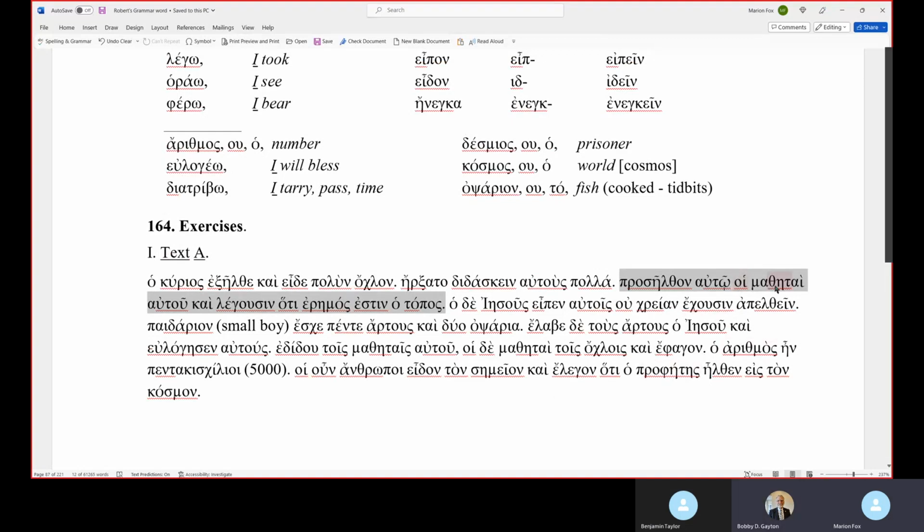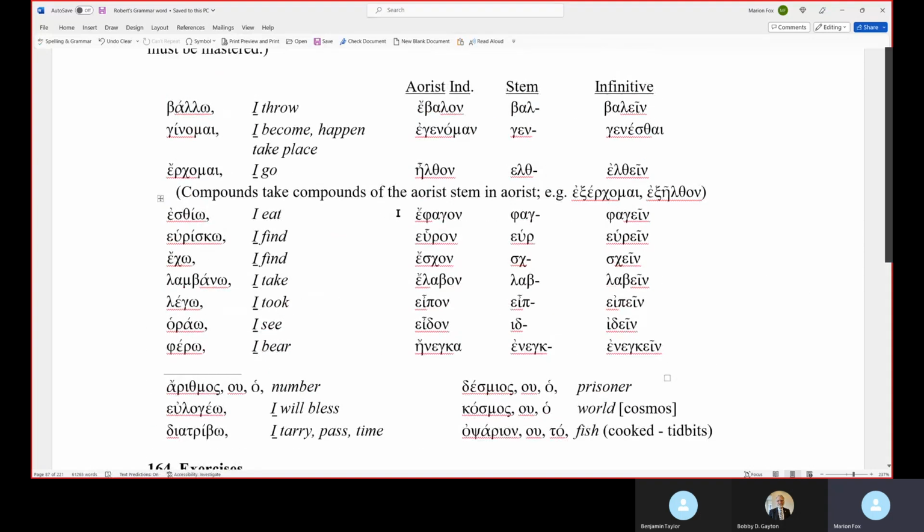Hoi mathetai is nominative case, isn't it? That's the subject, the disciples. And this is a form of erchomai, but it's got pros. Pros is a preposition on it, just like exerchomai, where ek is the preposition.